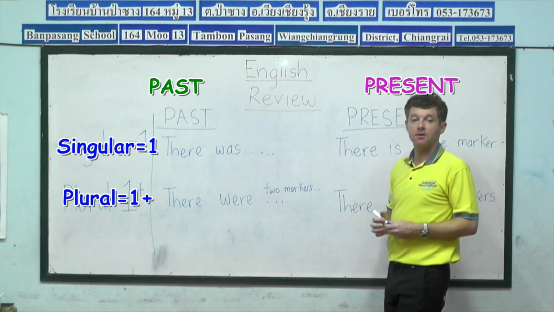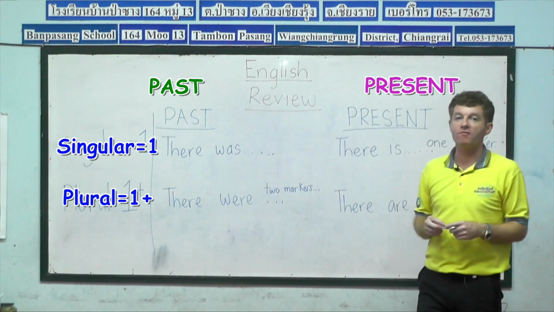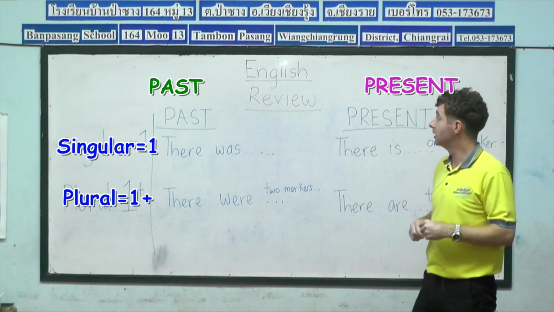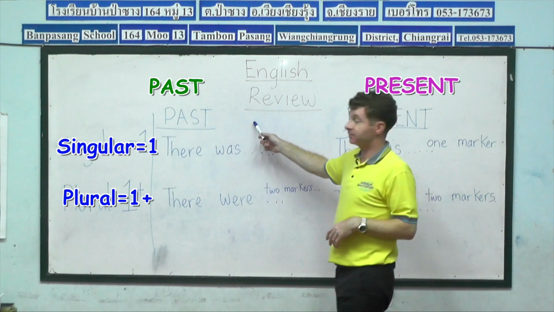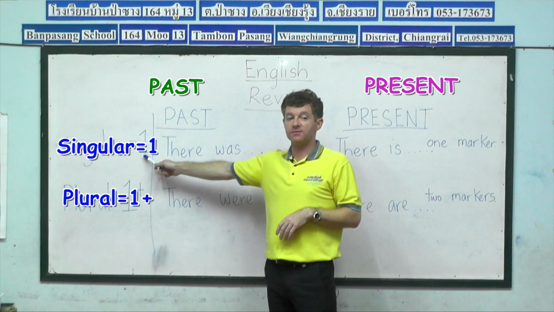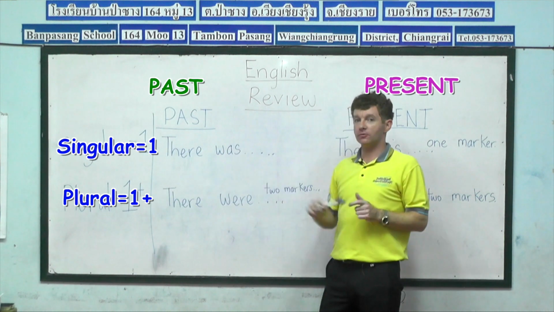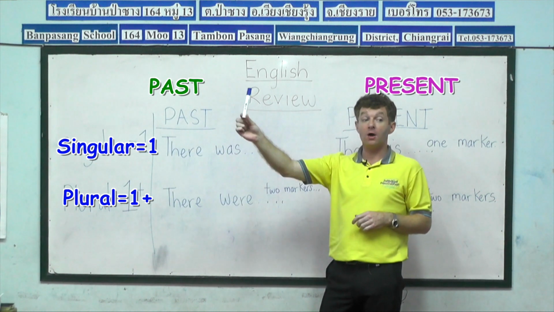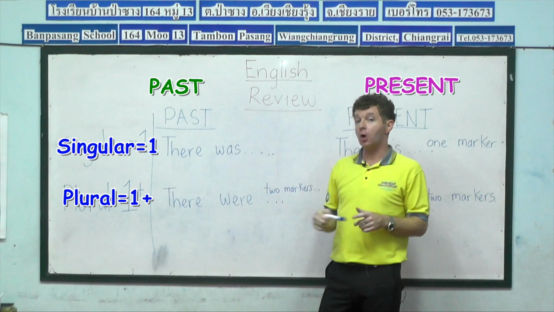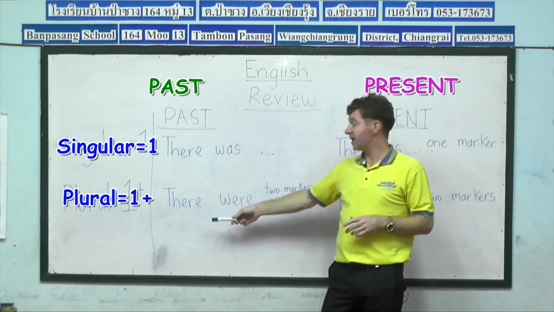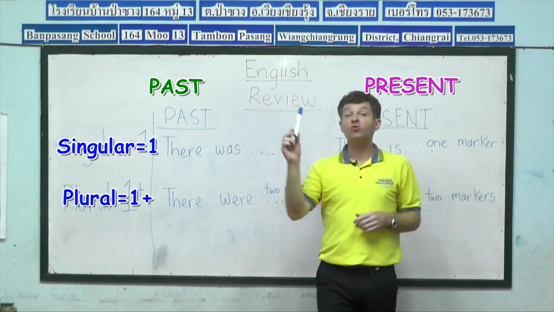So, let's practice speaking one final drill before we move on. Past tense. Singular object. There was one marker. Plural object. There were two markers.